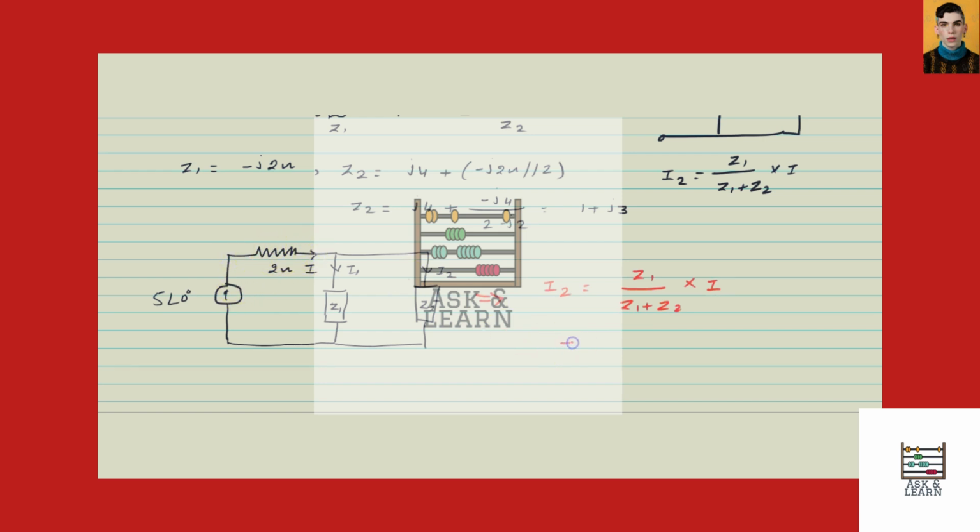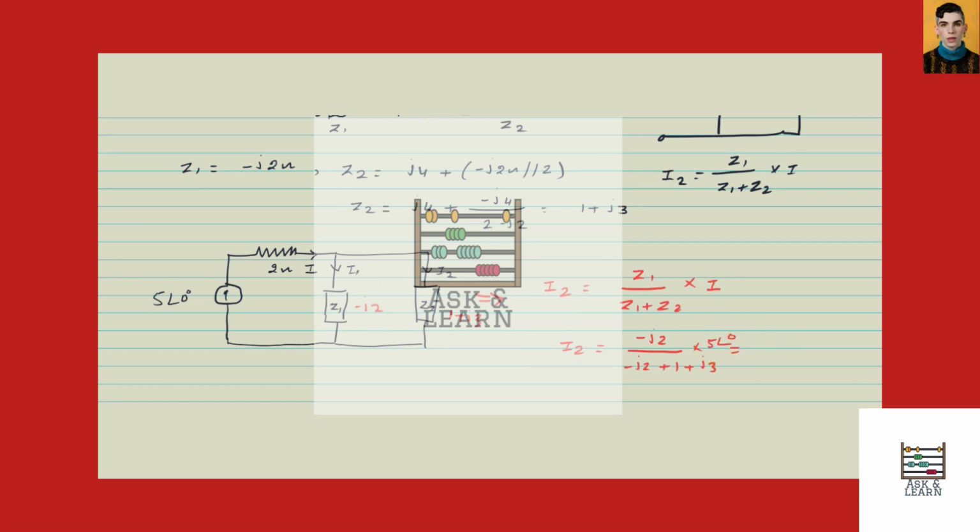Now I2 will be, with Z1 being minus j2, minus j2 upon minus j2 plus 1 plus j3. Put this value 1 plus j3 and this is minus j2. Multiply by 5 angle 0.